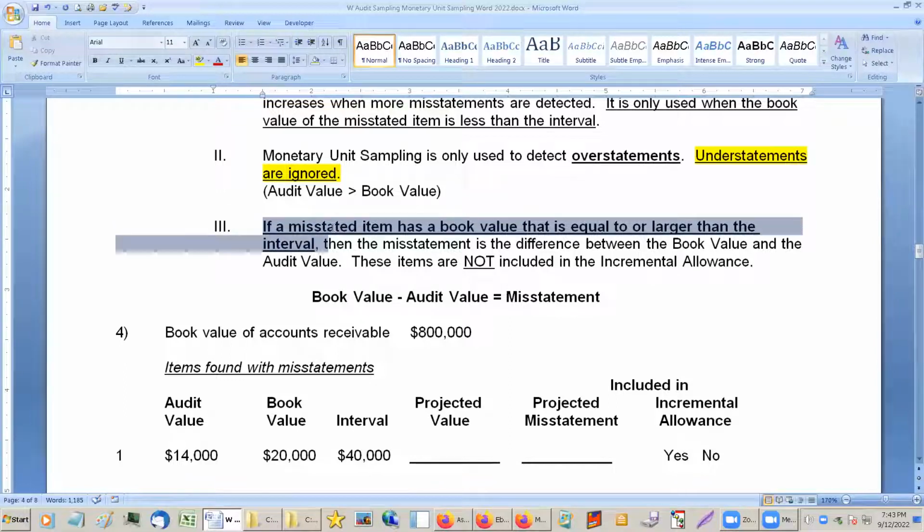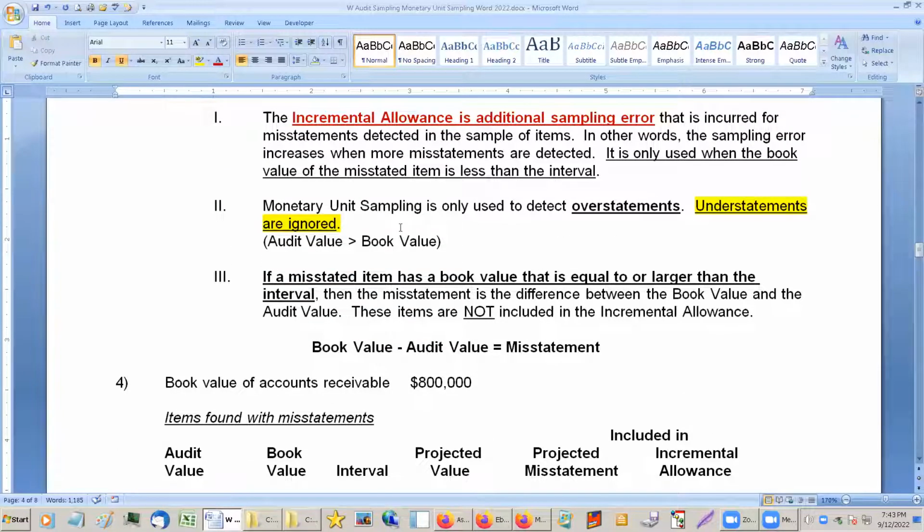Okay. Sorry, Professor, is there another one for understatements also? Because when you're auditing, if it's wrong, it's wrong. Yes. Excellent question. You would go to classical sampling.